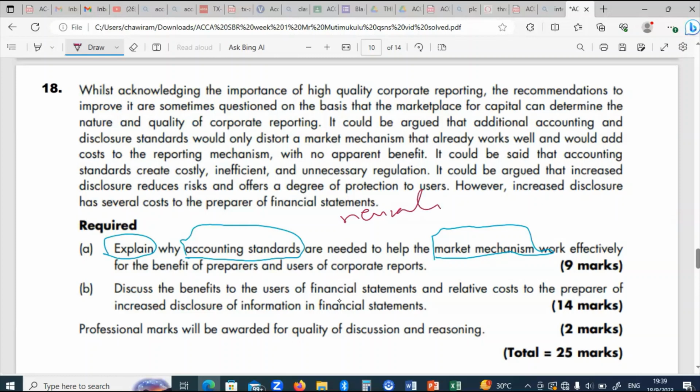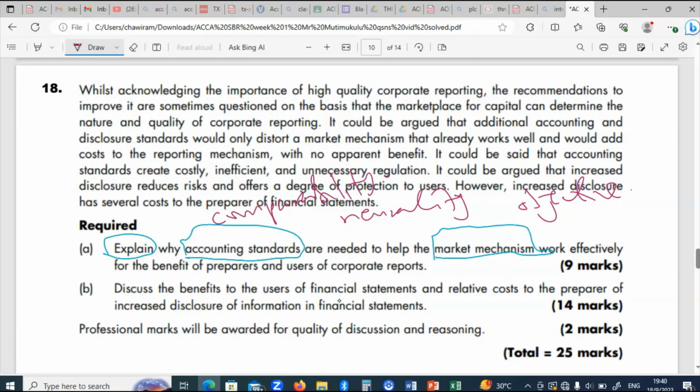That is, the information will have no bias. Okay, it is objective. And then as I've already said, there should be some comparability. So these are actually the benefits from having high quality accounting standards.